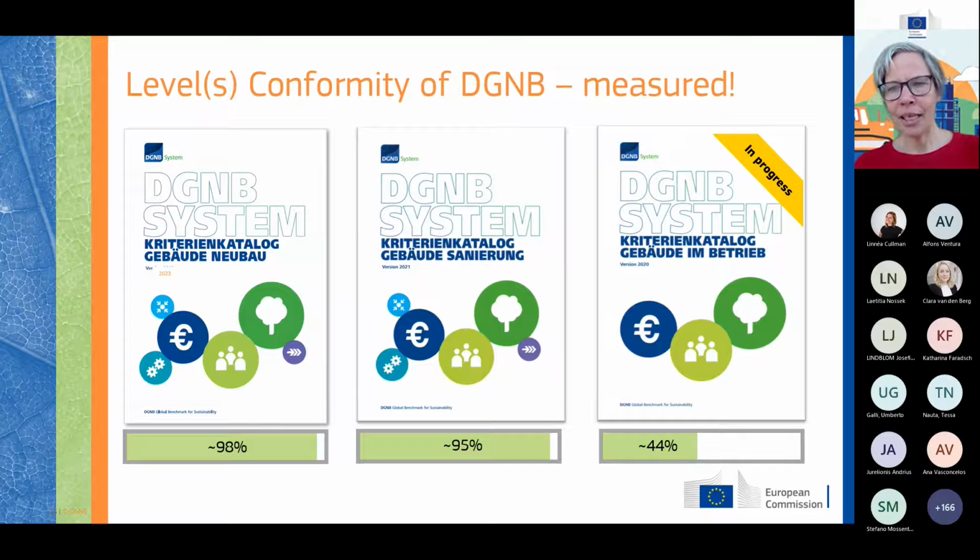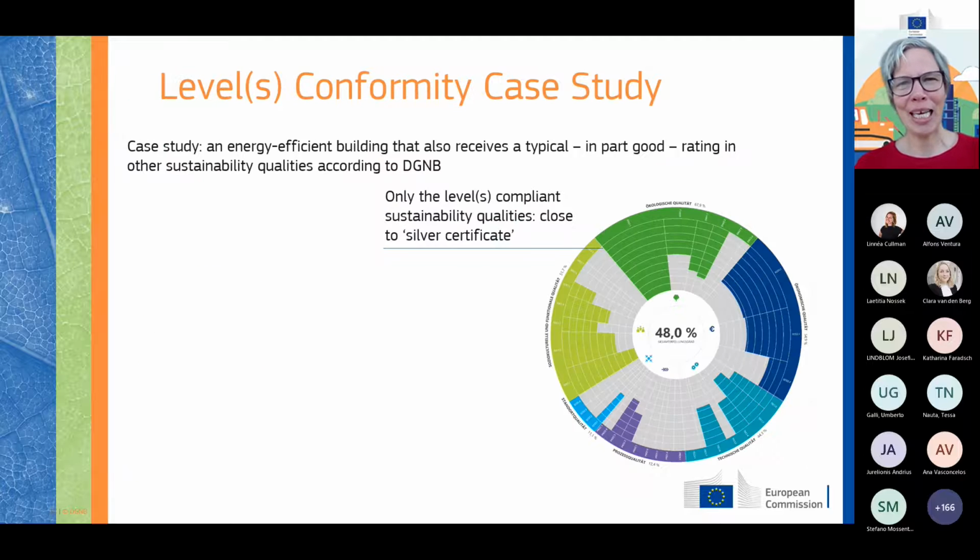On the next slide, I want to showcase how important the Levels methods are that are applied in the DGNB system. Is it just a part or is it a lot? We assumed moderate or good performance for the criteria that are relevant from a Levels perspective.